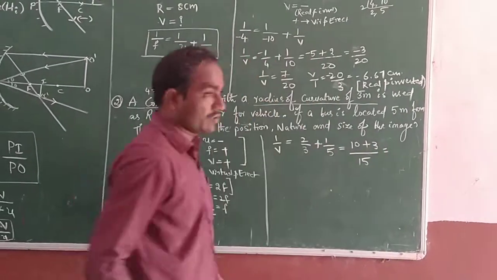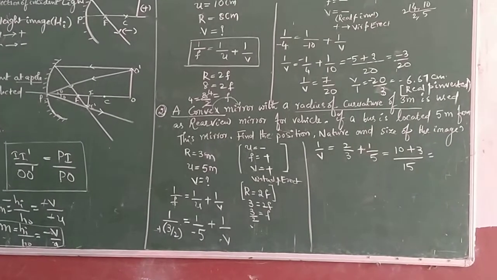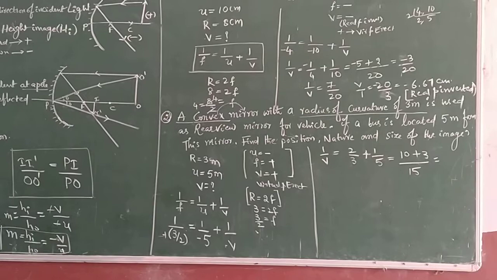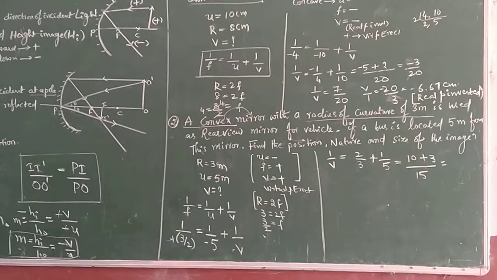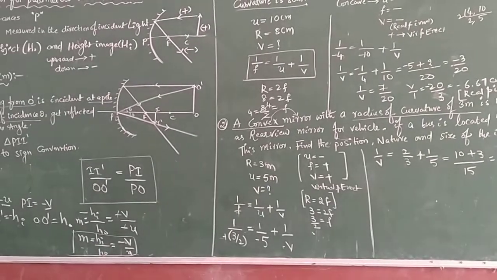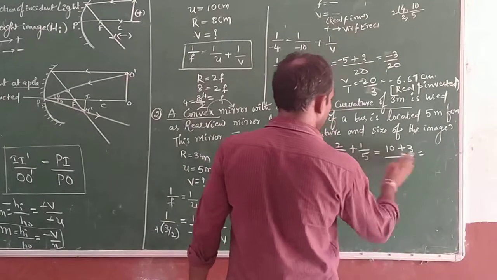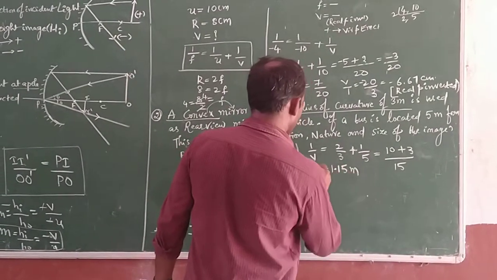So we get the numerator and denominator values. Finally we obtained that V is equal to 1.15 meters. Then finally V is equal to 1.15 meters.